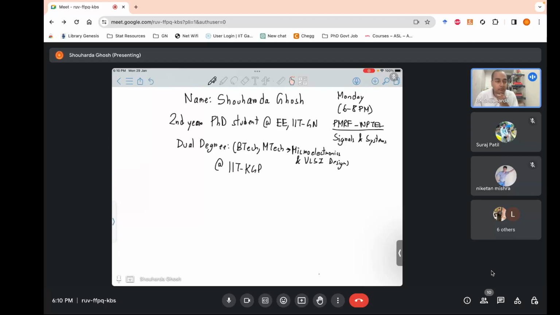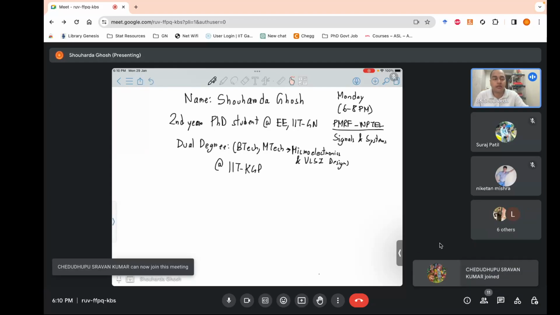So I'm proud to be associated with two IITs. In one of them, I've completed my bachelor's and master's, an integrated program, and the other one is presently at Gandhinagar, where I'm doing my PhD.